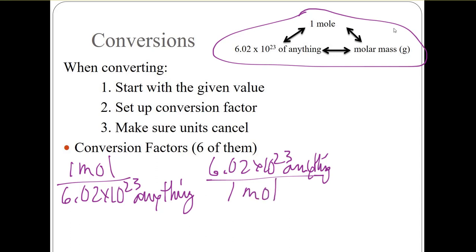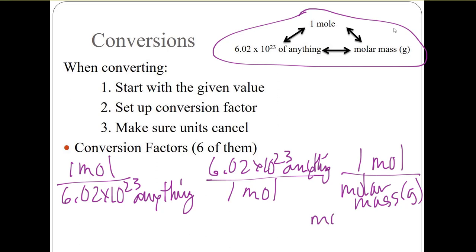So I have those 2 conversion factors. I can also say that 1 mole is equal to the molar mass. Remember, you get that from the periodic table in grams. And then I can flip-flop it, so I can say the molar mass on top is equal to 1 mole.